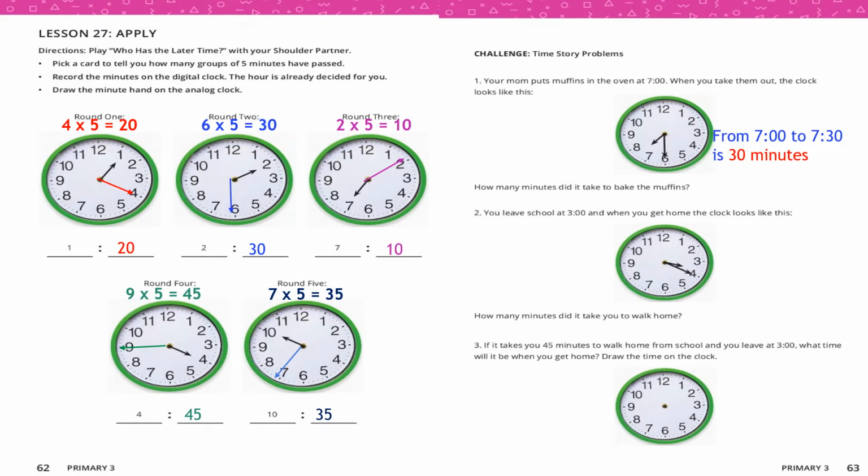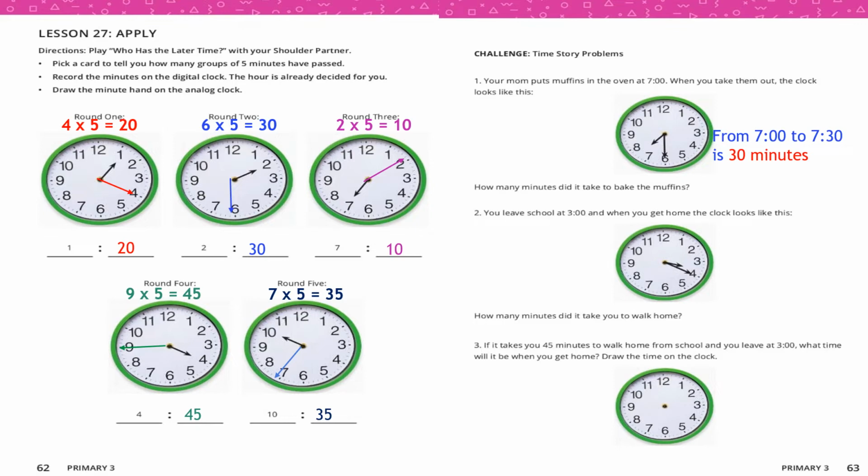Number 2, you leave school at 3 o'clock, and when you get home, the clock looks like this. We left our school at 3 o'clock, so it was 3:00. And when we reached home, it became like this. It's a 3.